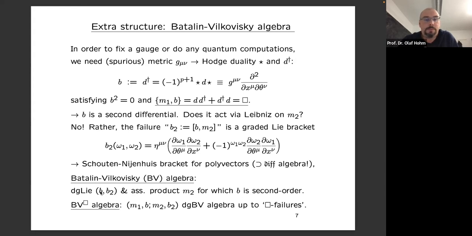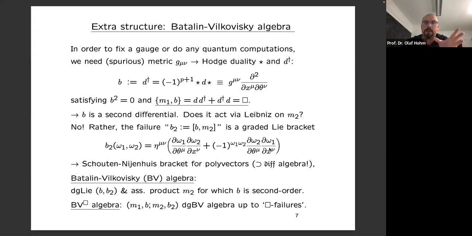So if I have this differential graded Lie structure with a product on which the differential B acts as second order in the sense described here, which can also be expressed algebraically, then we call this a BV algebra, and then you get various consistency conditions. So you have the B2, a Lie type bracket, you have the M2, an associative product, and they satisfy compatibility conditions, which are analogous to those of a Poisson algebra.